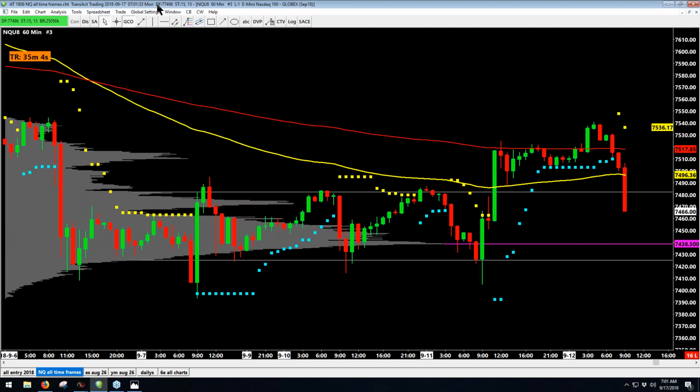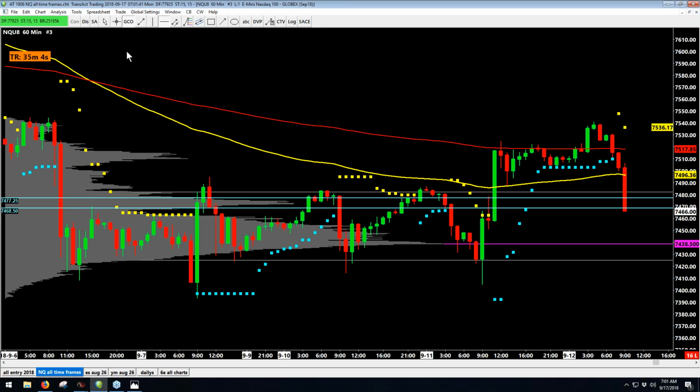So you can see looking to the left here, if I just draw lines on the area where volume areas start and end, we have some volume here between 75 and 68.